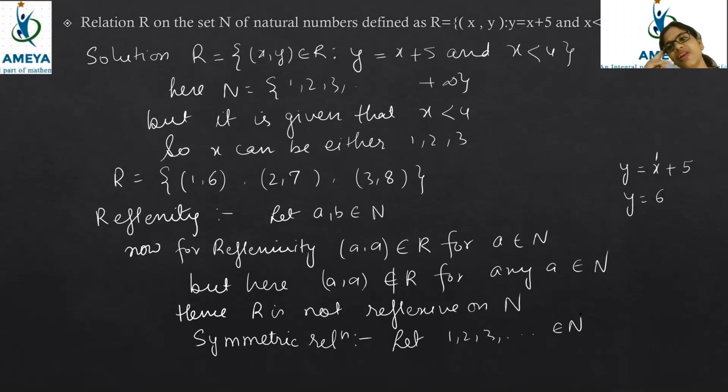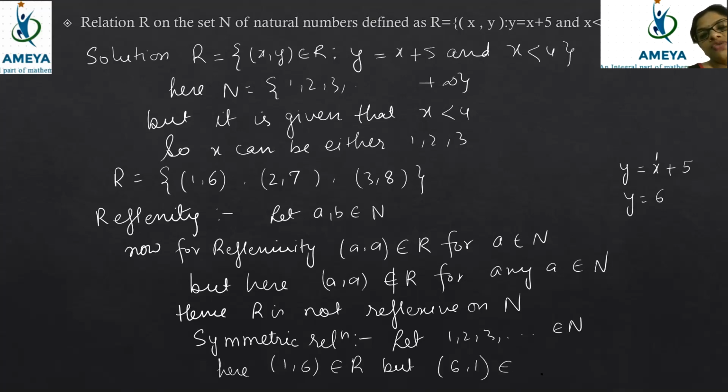But here I feel I should take elements and directly prove it, because it is easy to show that (1, 6) is present but (6, 1) is not present. So here (1, 6) belongs to the relation, but (6, 1) does not belong to the relation.